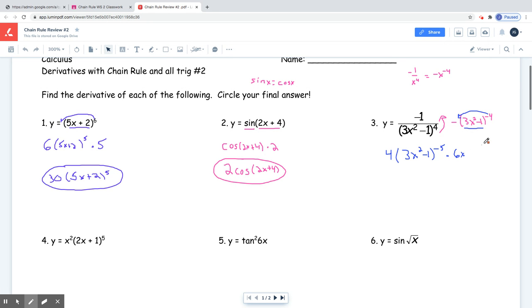The derivative of negative 1 is just 0. So we get 6x times 4, which is 24x. And then we have to move anything with a negative exponent to the bottom. So it's 3x squared minus 1 to the 5th power. And there is our answer.